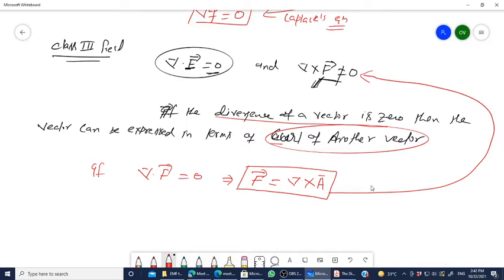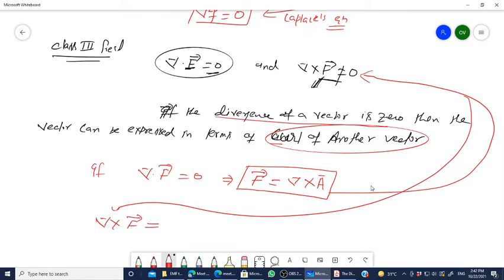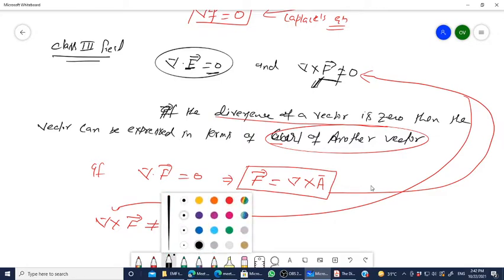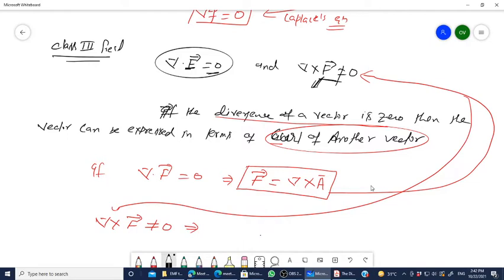As we know, the curl of the vector field is not equal to 0, it means it has some finite value. That finite value is equal to, let's say, the J vector, because this is a vector quantity.